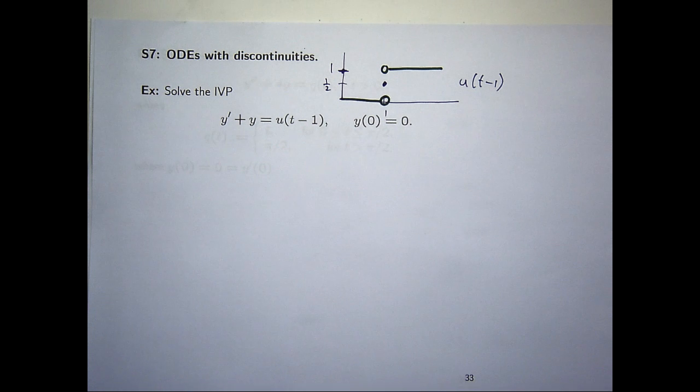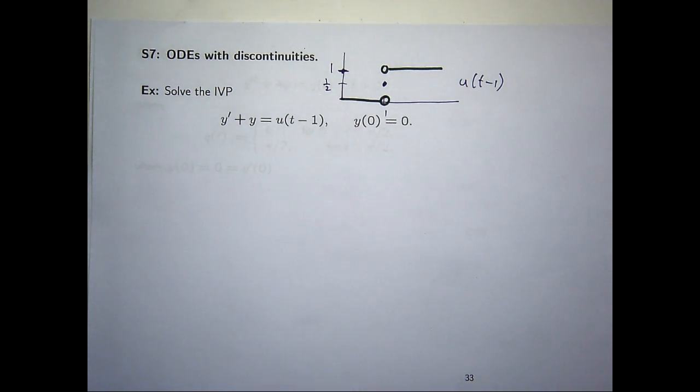Now, again, depending on how you define the function at the jump point, it's not a big deal. You may not even define it at t equals 1. It doesn't change the transform at all. So this right-hand side is now a Heaviside step function.